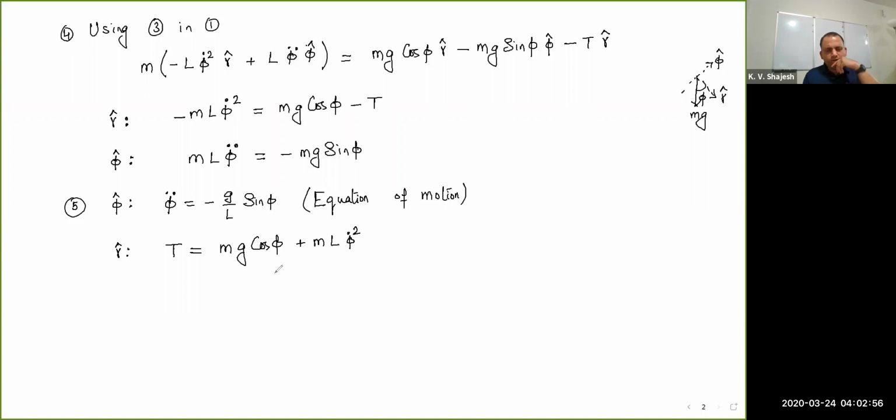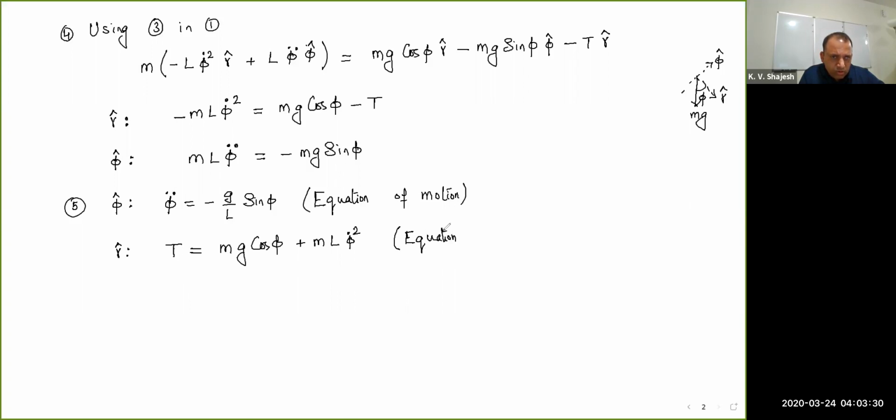So notice gravitational force exists in the radial direction, but there is also a centripetal term, which we would say is a pseudo force in the way we are interpreting here. But together, these two forces have to be balanced by the force of tension, and if there is sufficient tension in the string, this will be satisfied, and this is the equation of constraint, if you want.